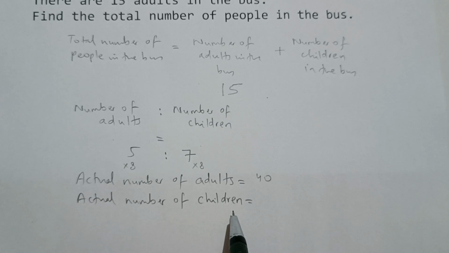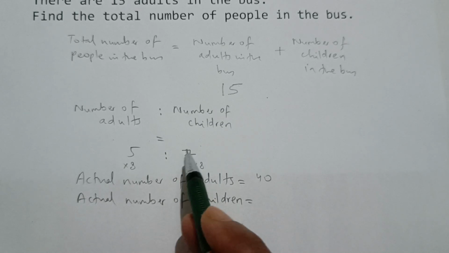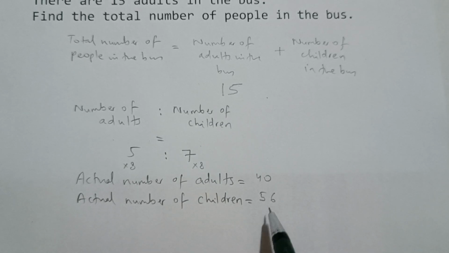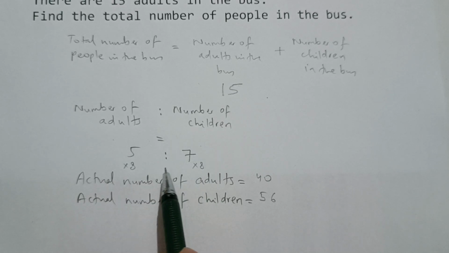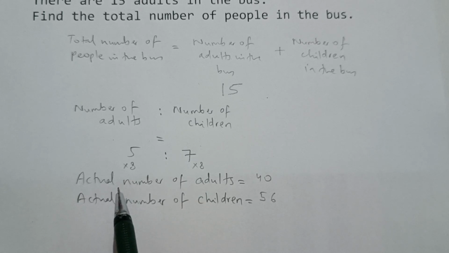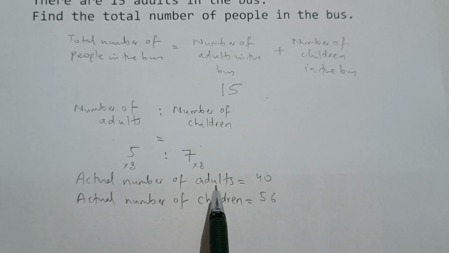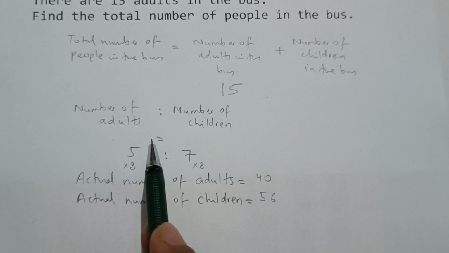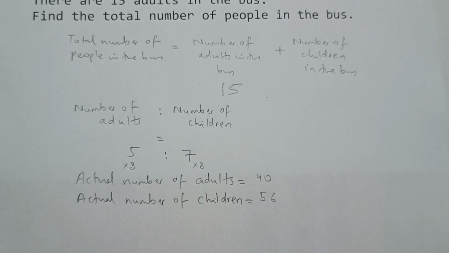And the actual number of children in the bus will be 7 into 8, which is 56. So if I multiply this ratio by the number 8, the actual number of adults is 40 and the actual number of children is 56.